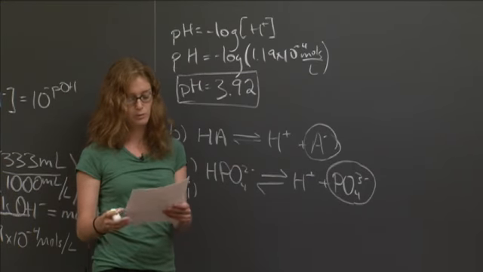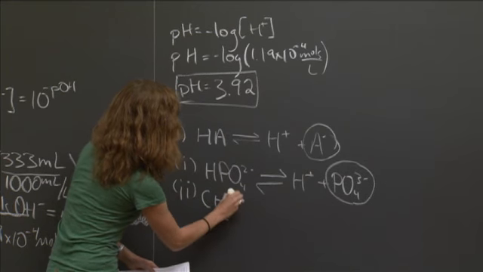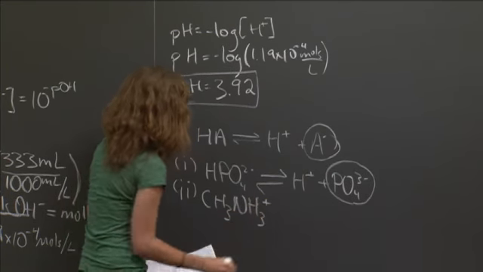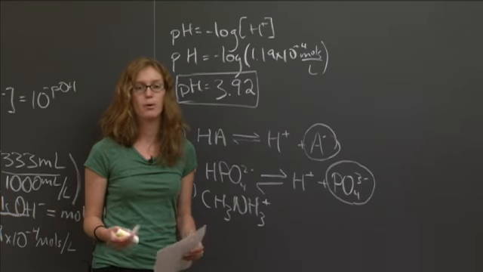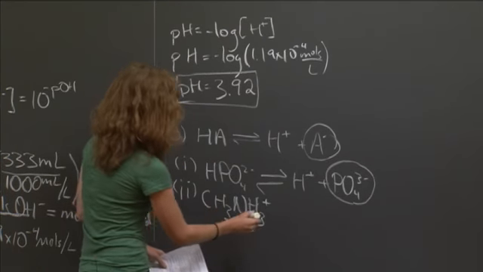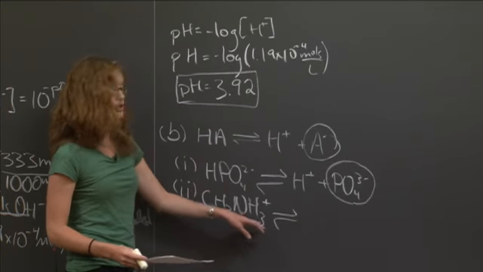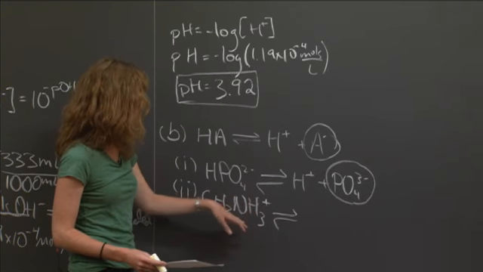Moving to part 2, we have CH3NH3 plus. So it's kind of like an ammonia ion, but not quite. Sorry, ammonium. And we know that this dissociates by losing a hydrogen off of the nitrogen, because that's where the positive charge is.